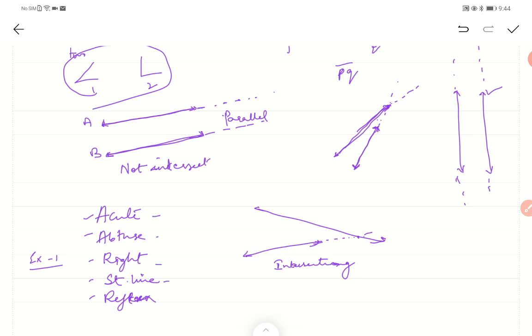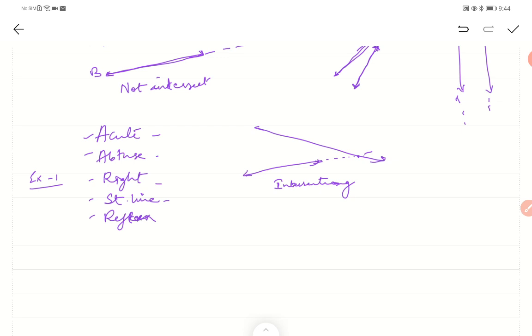Now with two angles, if one is 30 degrees and the other is 60 degrees, what do you call them? We are going to study the relation between different angles in the further part of this chapter.